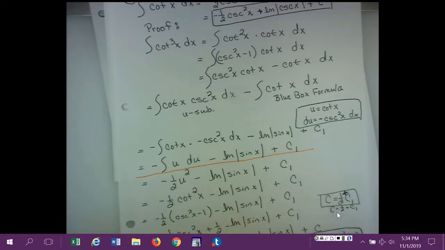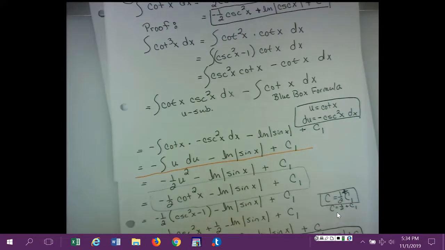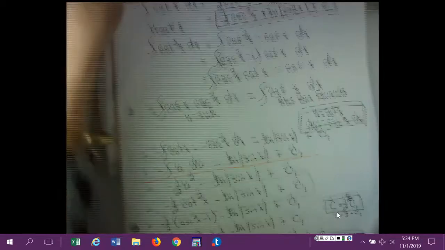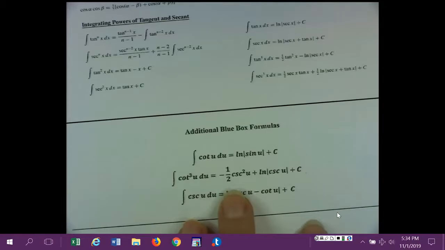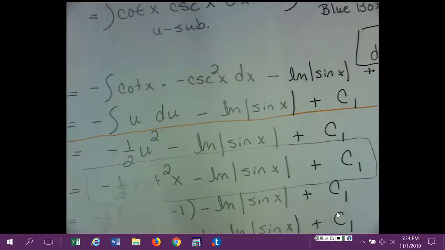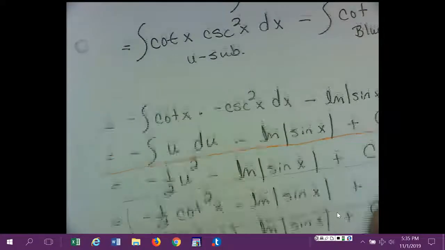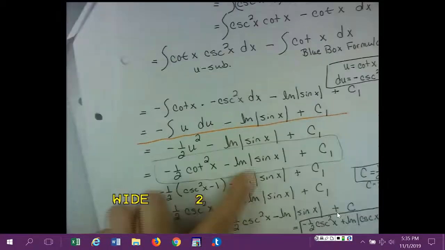And what you're about to see, technically, you could say that's the blue box formula, but if you look on your formula sheet, that's not the preferred form of the formula they would like for you to use. The blue box special is in terms of cosecant just by itself, and that's the form they wish for you to use. But do know that technically, at this stage, you would be done. It just involves a cotangent and sine.